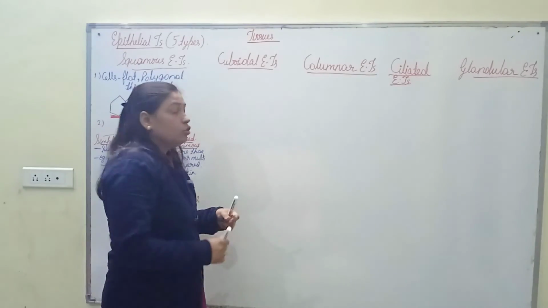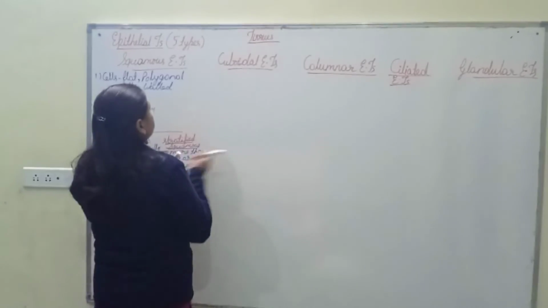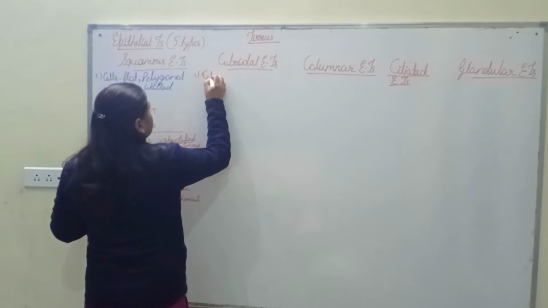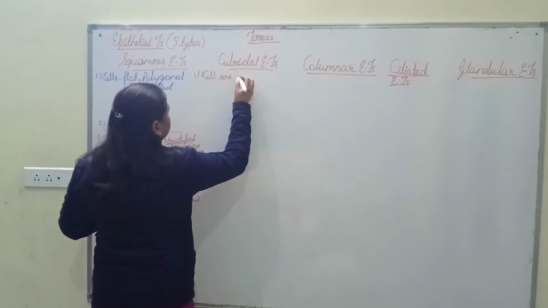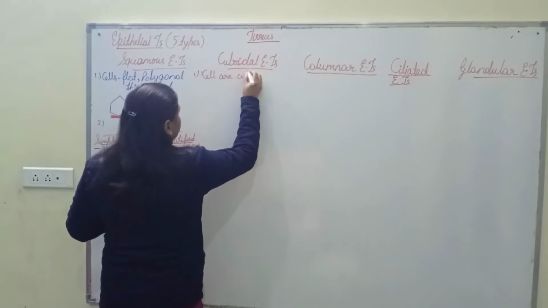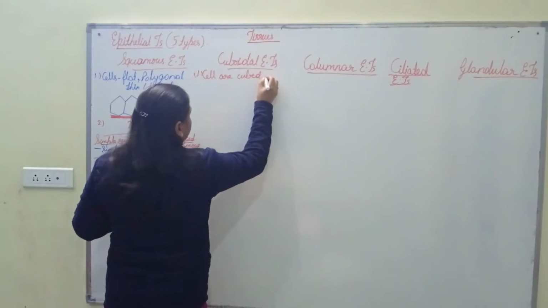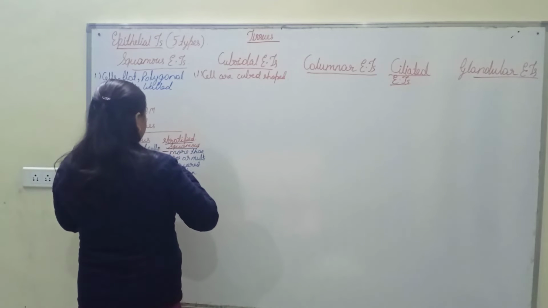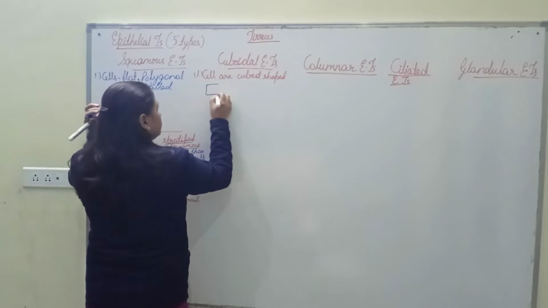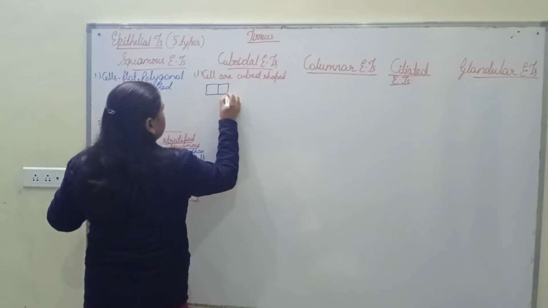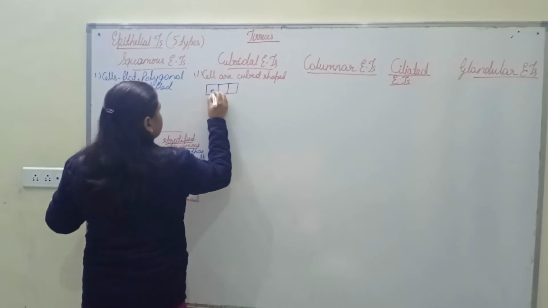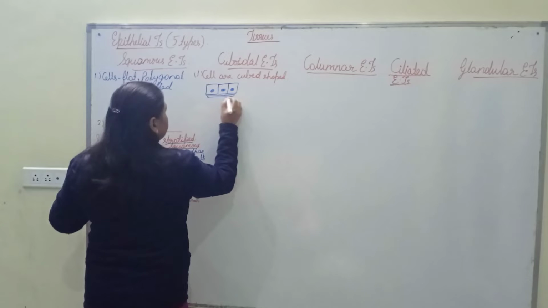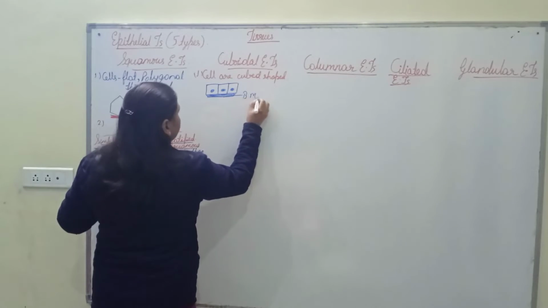Now moving to the cuboidal epithelium tissue. As the name suggests, cells are cube shaped, having a nucleus, and again these are arranged on the extracellular basement membrane, and this is the basement membrane.